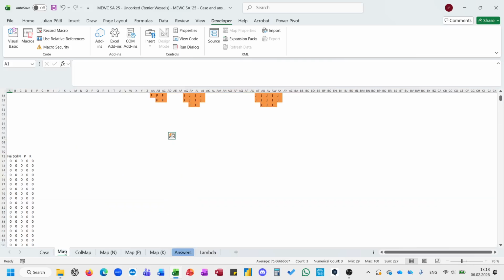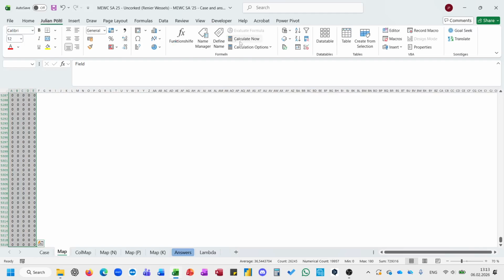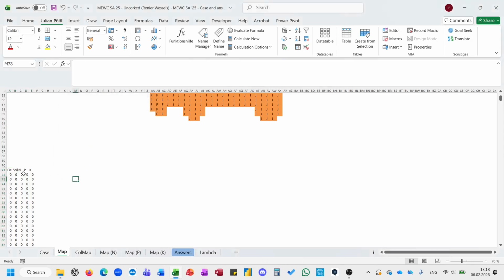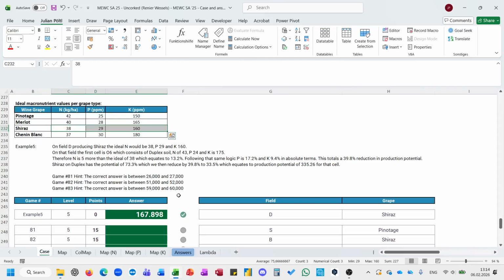Now okay, create from selection. Is this 9? Yeah, okay. On the field producing Shiraz, the ideal. Okay, ideal. Therefore, N is 5 more than ideal.